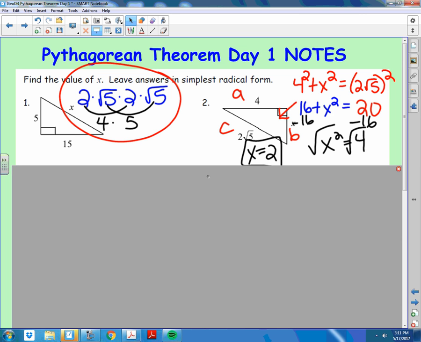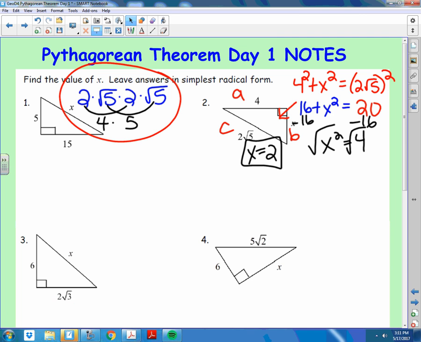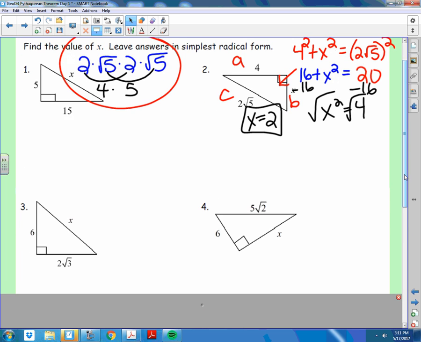Make sense? So I'd like for you to try 3, por favor. I want you to try 3, following all the steps, including that little trick I just showed you on how to do a number times a root squared.